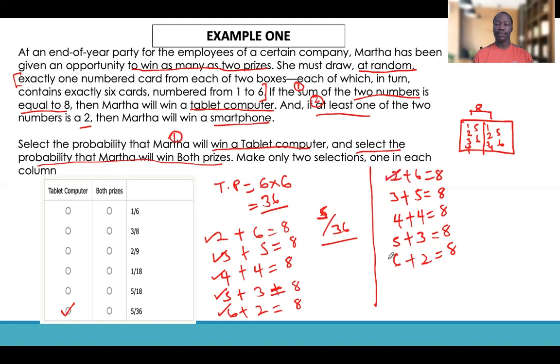The first scenario is picking a 2 from box 1, then picking a 6 from box 2, adding up to 8. Then the second case where you have that condition being met is when she picks a 6 from box 1 and picks a 2 from the other box to add up to 8. So there are two combinations that meet that condition out of the total number of possibilities that are available to her, which you can simplify to 1 out of 18. Right? So her probability of winning both prizes is 1 out of 18. Right? And that is our answer.